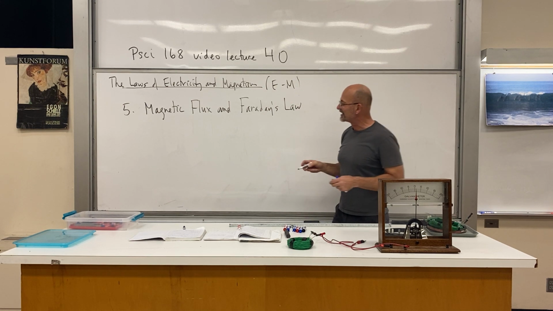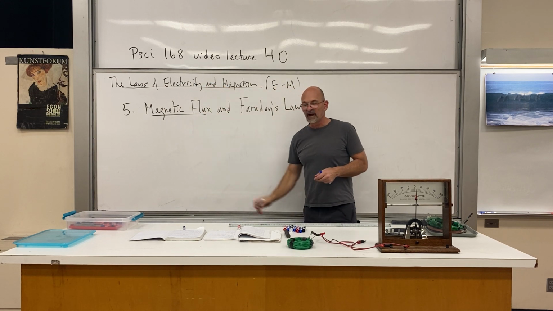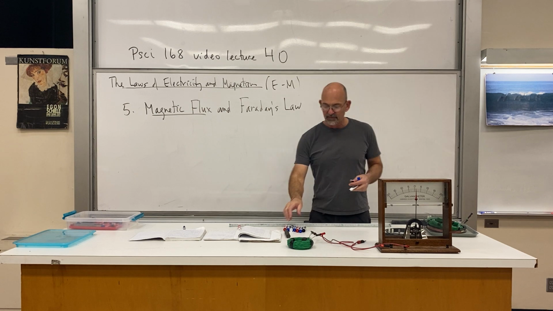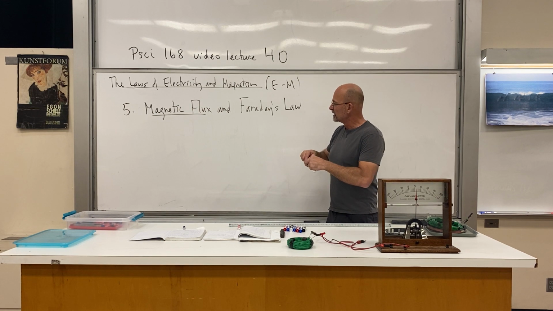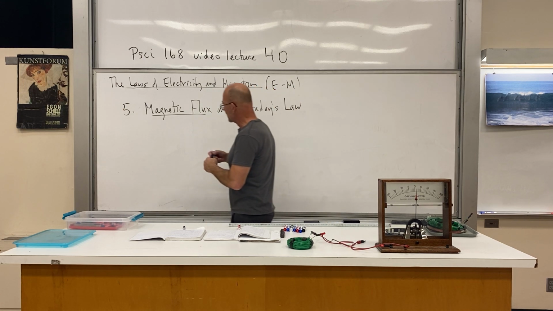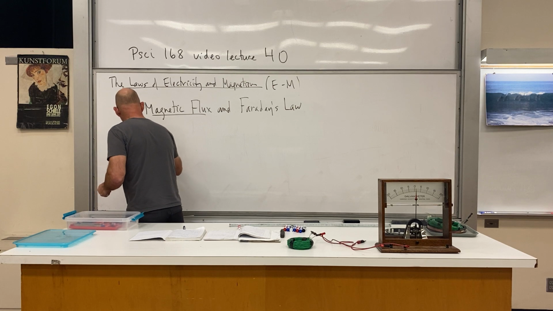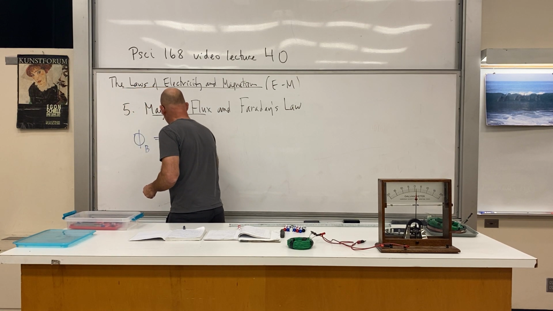So what is magnetic flux? Flux is just a fancy way of saying flow. So it's the flow, but we're not seeing any fluid flowing here. So I'll give you a little bit of a description of magnetic flux. So we're going to introduce this letter. Phi sub B is equal to the magnetic flux.